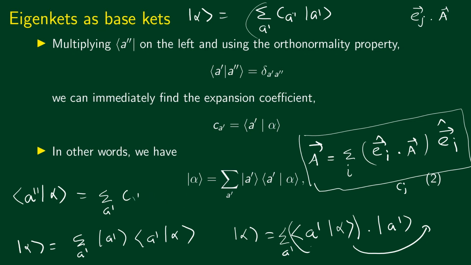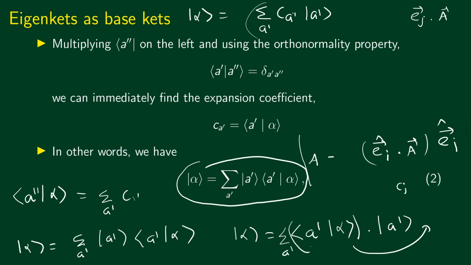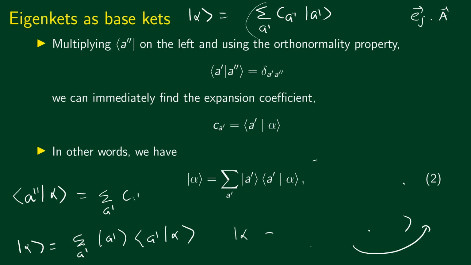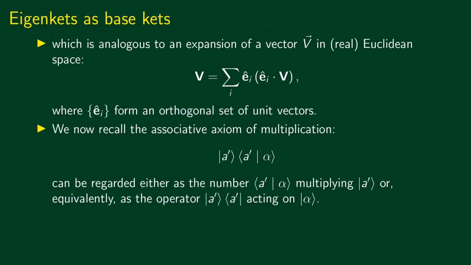So I have ket alpha is equal to sum over A prime, ket A prime, bra A prime, ket alpha. Now, as we mentioned, this is analogous to an expansion of a vector V in real Euclidean space: V vector is equal to summation over i, e_i hat multiplied by e_i hat dot V vector.